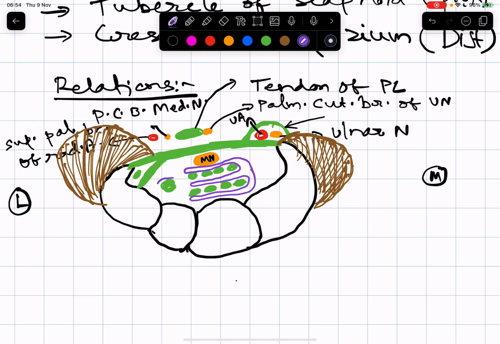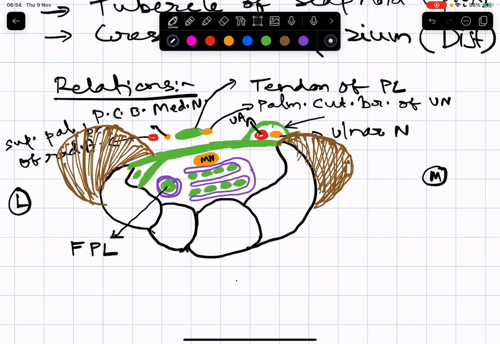Now here is the radial bursa, which goes around the tendon of the flexor pollicis longus. So this is the tendon of the flexor pollicis longus. Let me label it so it'll be easy for you to follow. This is flexor pollicis longus.